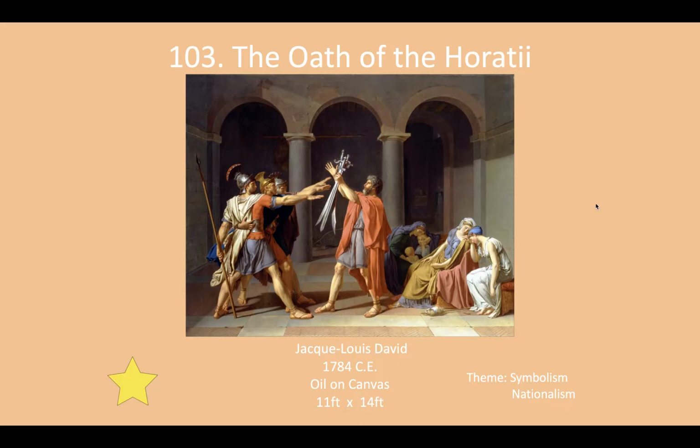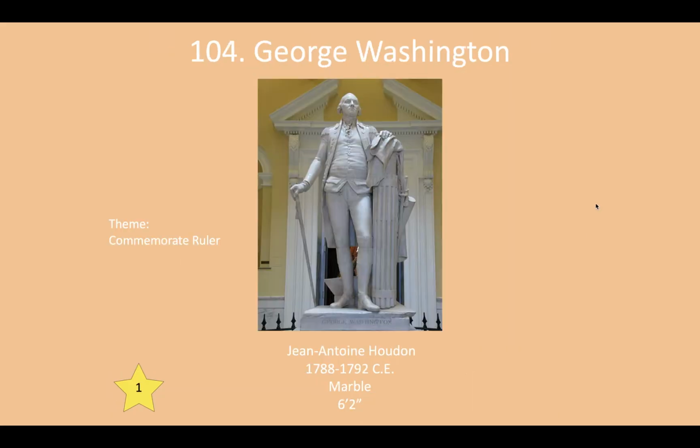That's going to move us on to our third neoclassical piece. And this is an American neoclassical piece. This is a statue of George Washington. What you're looking at is a piece that was commissioned by the Virginia General Assembly, like the Virginia legislature.